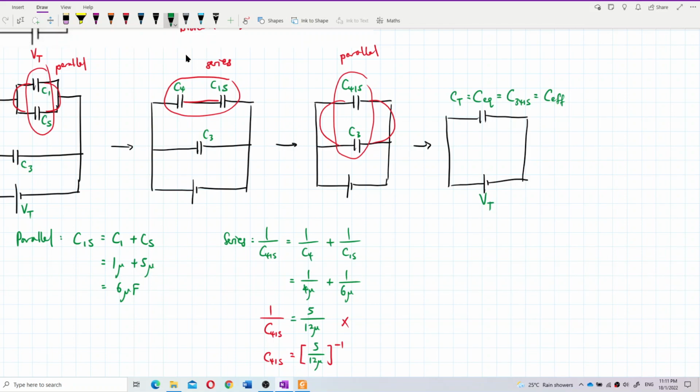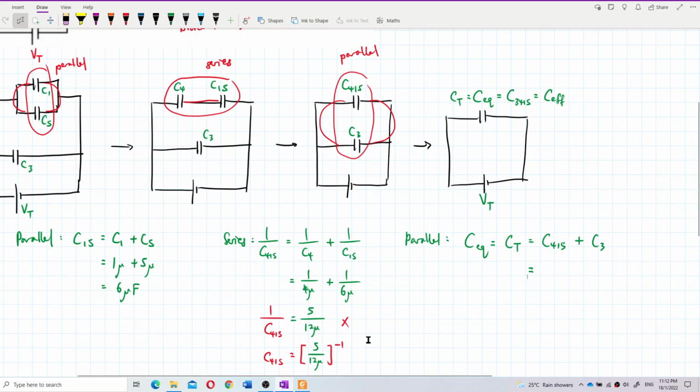This is a parallel combination, so they add together. C total is C415 plus C3.